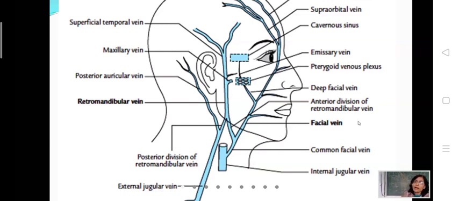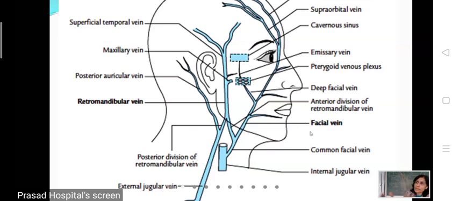This is simple. Now, why is the venous drainage of face important? Because this facial vein can communicate with the cavernous sinus. Cavernous sinus is an intracranial dural sinus.